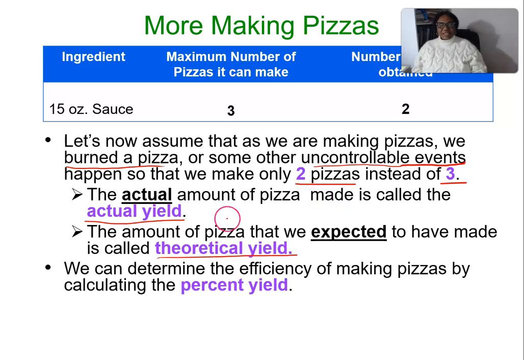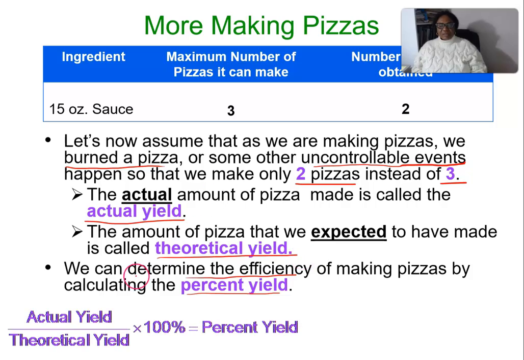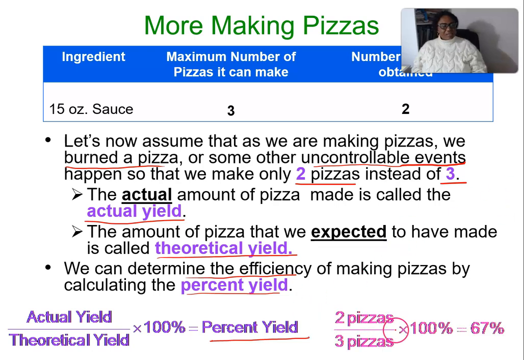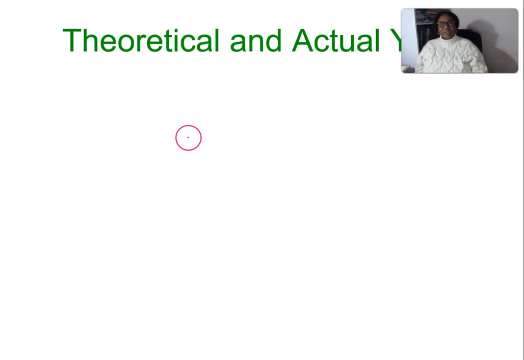So how do we determine our efficiency, which we call the percent yield? It is the actual yield over the theoretical yield times 100. That will give us our percent yield, our efficiency. So in this case, our efficiency is 67%. So, theoretical yield and actual yield.